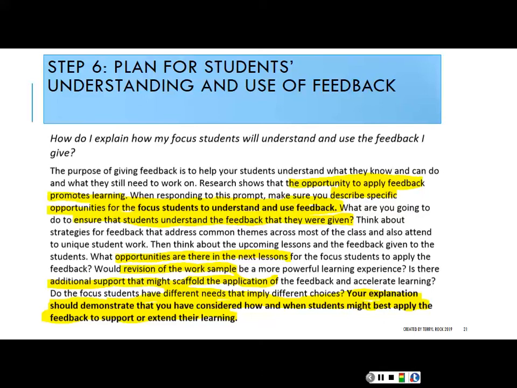It's from 2C in prompt, in task 3, it's 2C. It is a question that says, how are you going to support students in understanding and using feedback? Well, 2 things happen.